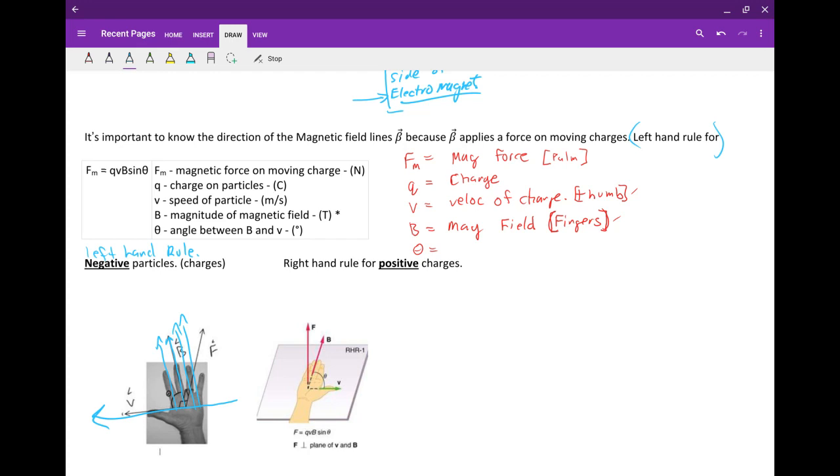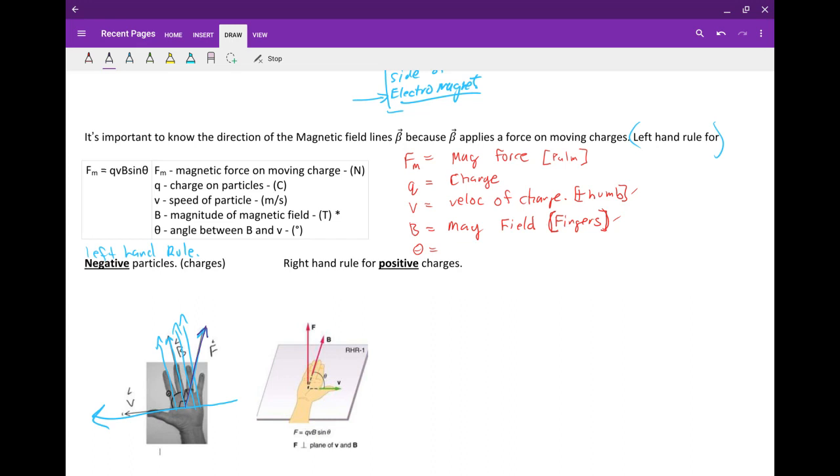Then you point your thumb in the direction of that particle. And then all of a sudden, out the top of it, or out the palm of your hand, would come the direction that this particle would get pushed.